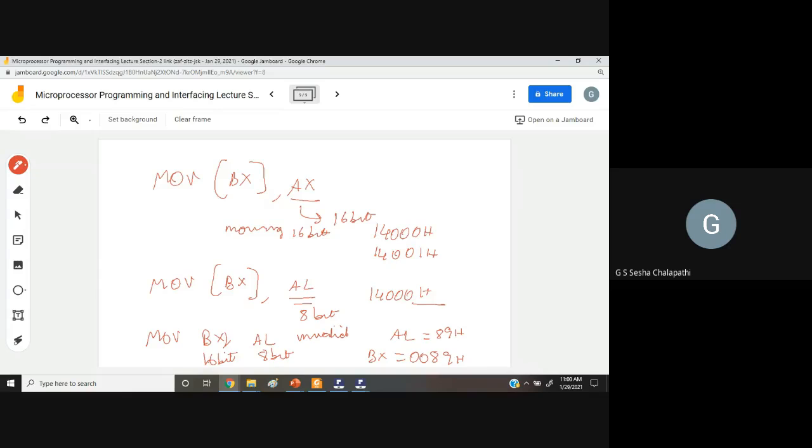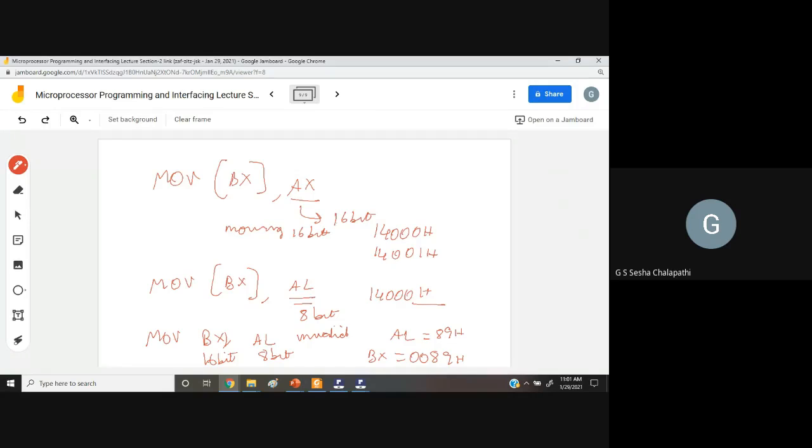Let us say I'm storing 10 different values in consecutive memory locations. Instead of writing the instruction 10 times, I will have a loop where I keep incrementing BX 10 times. I will add one to it and do the move instruction again, then add one more and do the move again. Like that, I will do it 10 times.